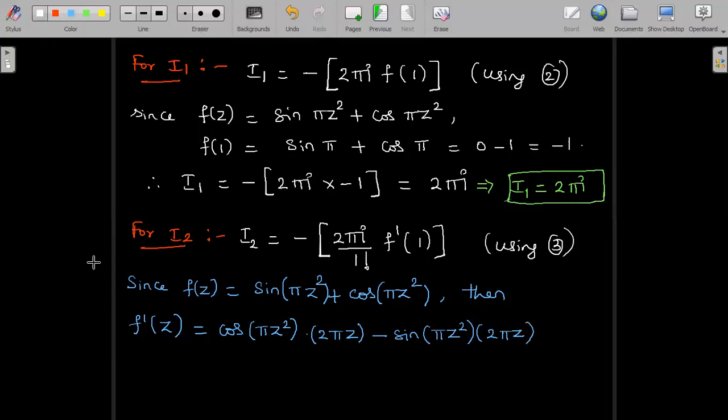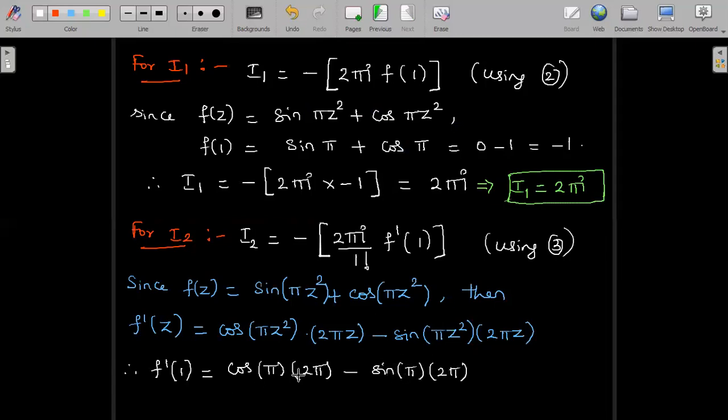Then what will be f dash of 1? Taking z is equal to 1, let us rewrite what is f dash of 1. So this gives us cos, z is 1 now, so cos pi into 2 pi minus sin pi into 2 pi.